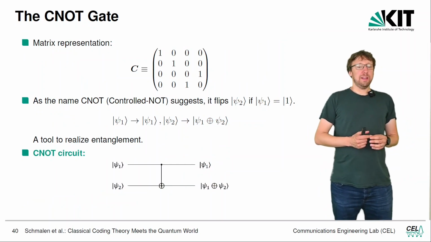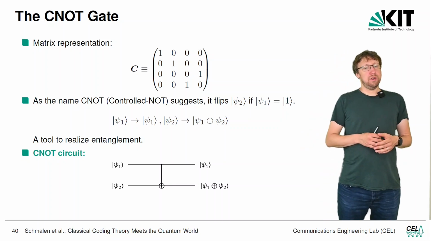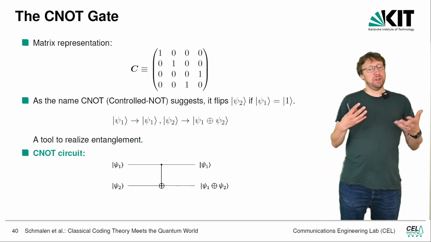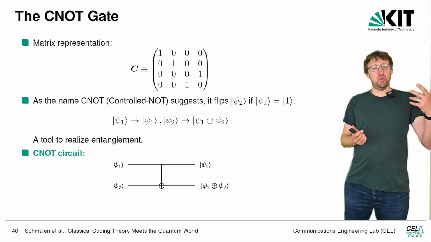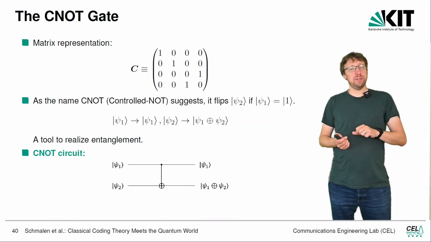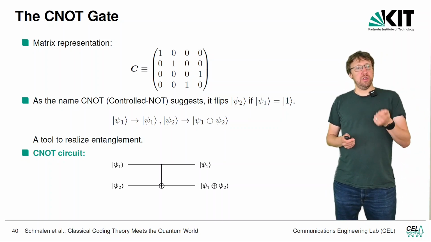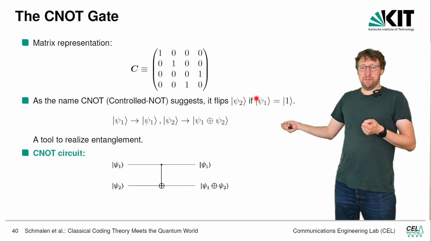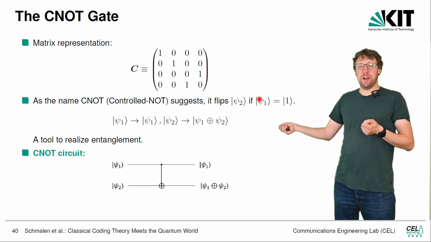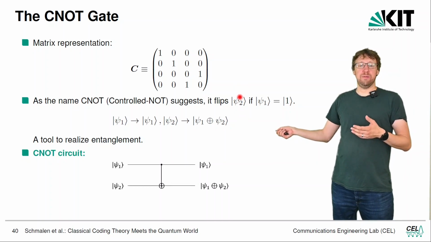One important gate is the CNOT gate. CNOT stands for controlled NOT gate, and is essentially a controlled flip. So we have 2 qubits as inputs to the CNOT gate, and one of the inputs acts as a control. So we have the phi1 state. If this phi1 state is equal to 1, phi2 is flipped, and otherwise phi2 is not flipped.